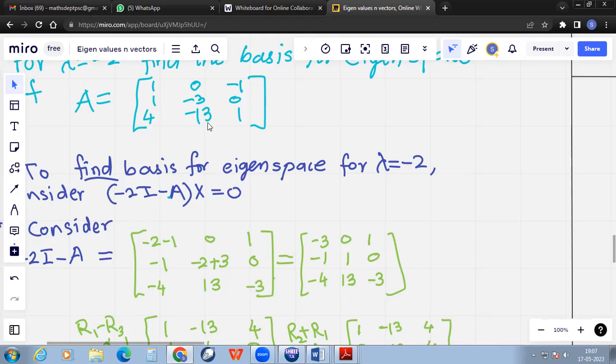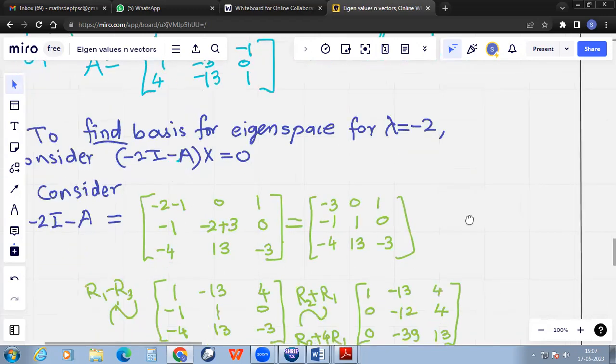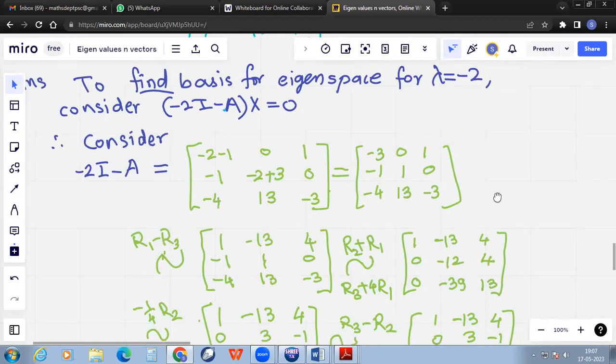The rest of the entries are negated, zeros as they are. There was minus 1 here, so it becomes plus 1. This was a 1, it became minus 1, 4 became minus 4 now, and minus 13 has turned to be 13. This way we calculate our characteristic matrix.